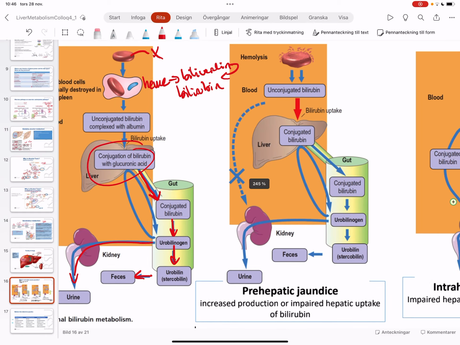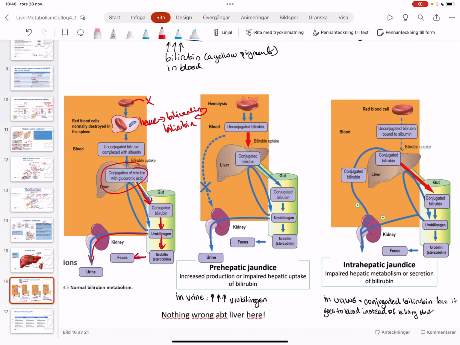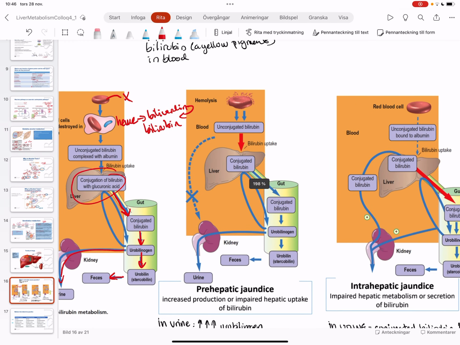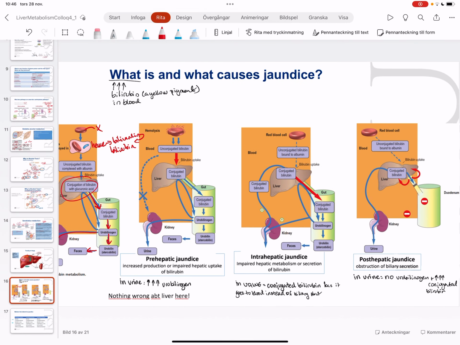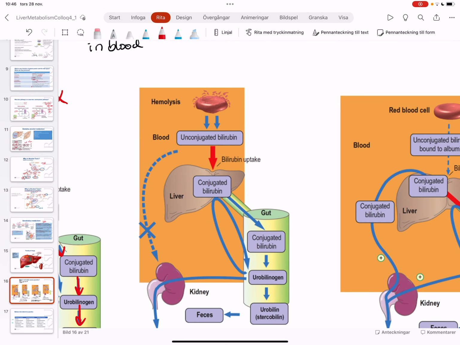Now, there are 3 ways in which this can be obstructed and cause jaundice. The first kind of jaundice would be prehepatic jaundice, in which there is nothing wrong with the liver or with the gut.